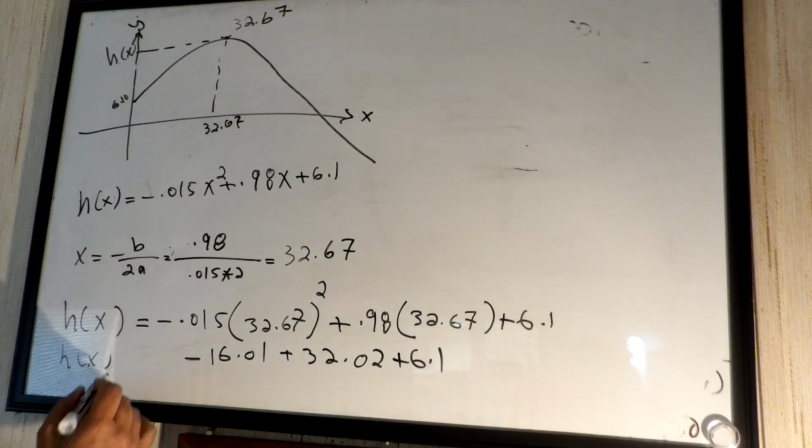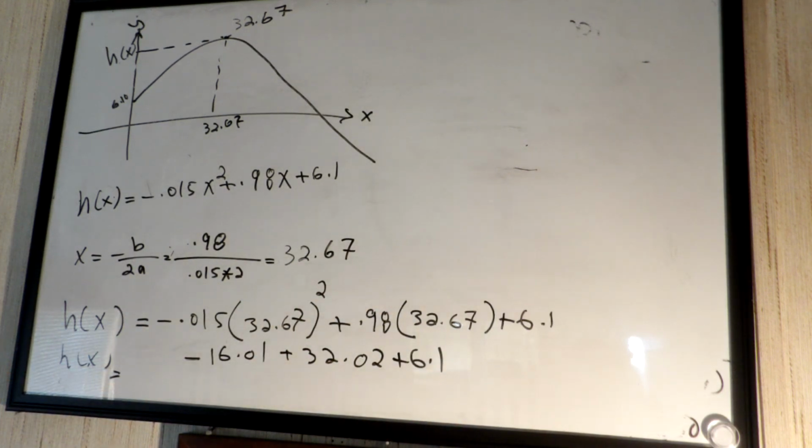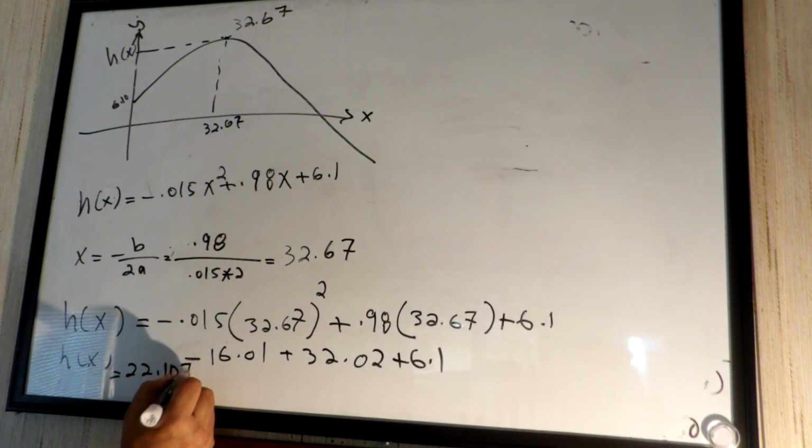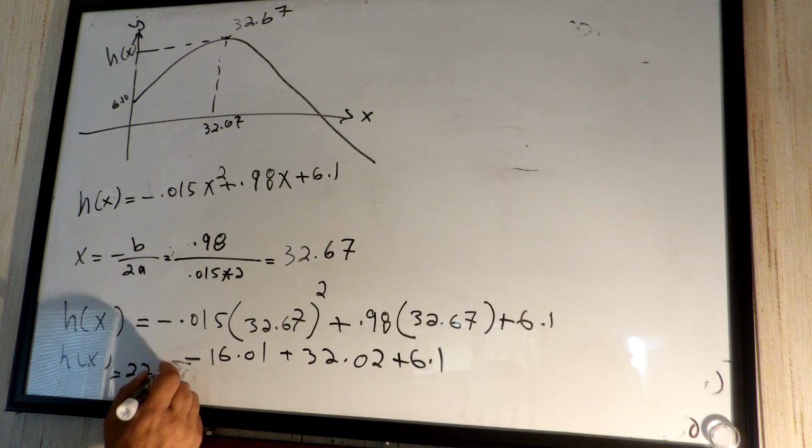If you add this together, plus 6.1 minus 16.01, it's 22.107, but we round it.